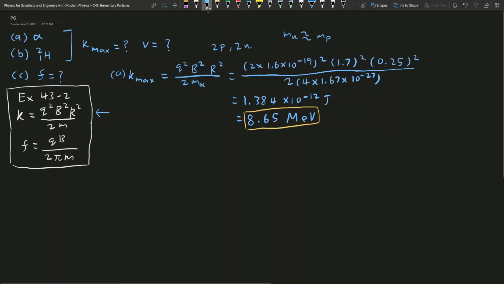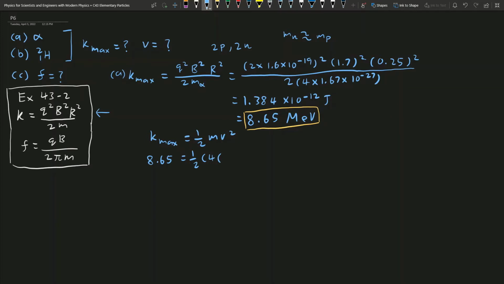Now from here we know the kinetic energy also equals 1 over 2 m v squared. So we have 8.68 equals 1 over 2, and we have 4 times the mass of a proton.